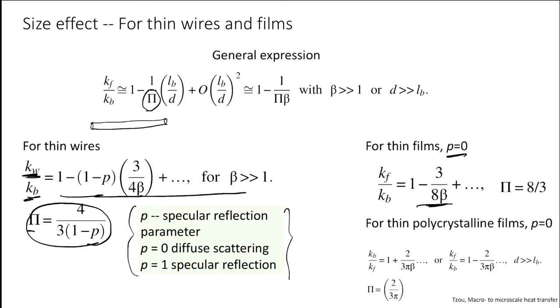Okay, so the one last thing we want to talk about is this specular reflection and diffuse reflection. So let's say this is our boundary and one of the phonons is traveling. It hits this boundary. So the specular reflection would be, it hits the boundary, whatever the normal is, let's say it came at some angle theta. It would go exactly out at the same theta. So that is a specular reflection.